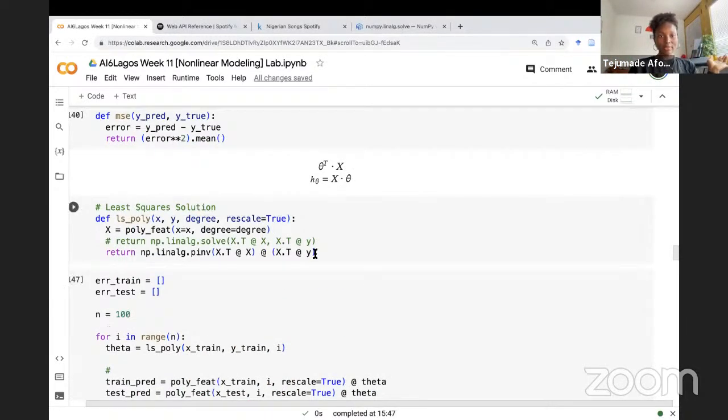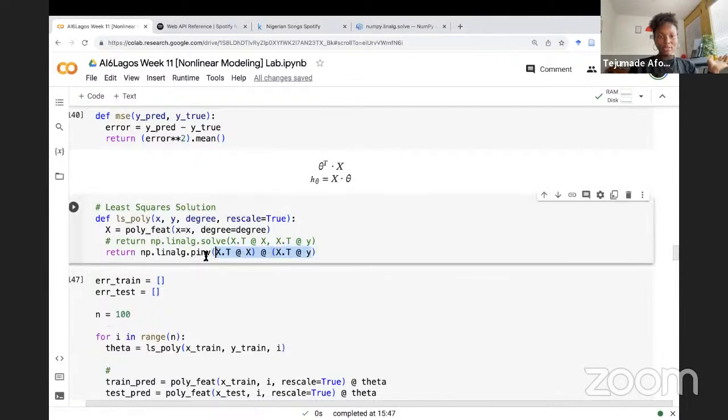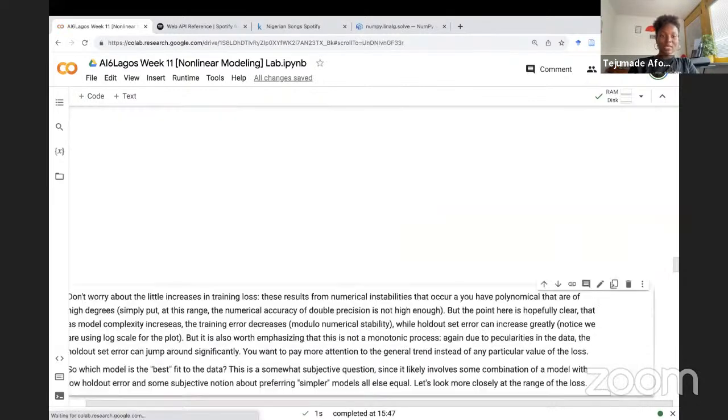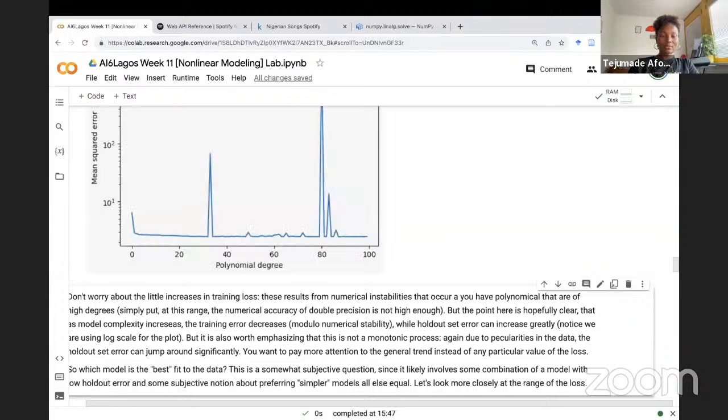This is the same equation. In fact, this is the exact equation we talked about in class: X transpose X inverse, X transpose Y. But if we change the solver, if we use a linear solver to solve it, the spikes appear. We are spiky again. See, the computer changed its mind.